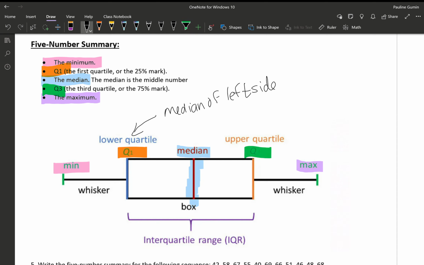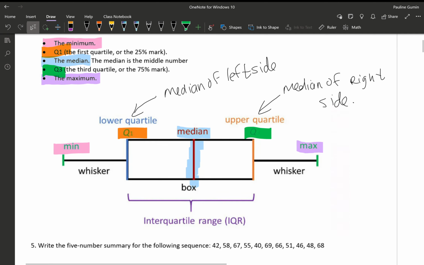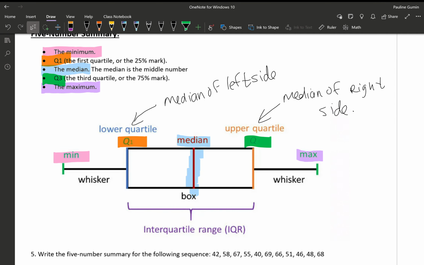Q3 is our upper quartile, and this is actually the median of the right side. So Q1 is the middle of the smaller portion of our data, of the smaller numbers, and Q3, our upper quartile, is the median of the larger part of our data.